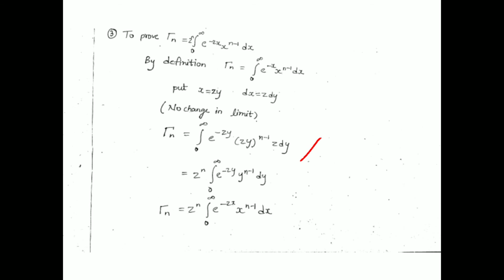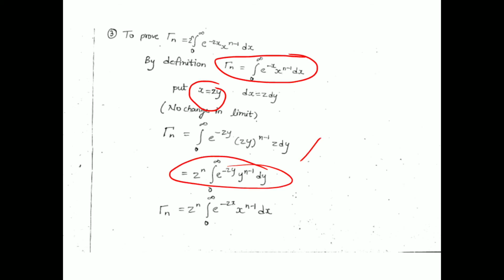In general x is nothing but z into y, but for simplicity, as the gamma function is written in terms of x, and here it is in terms of y. Of course we can stop here itself, but as everywhere it is written in terms of x, in the proof also it is written in terms of x. So we simply need to replace y with x.